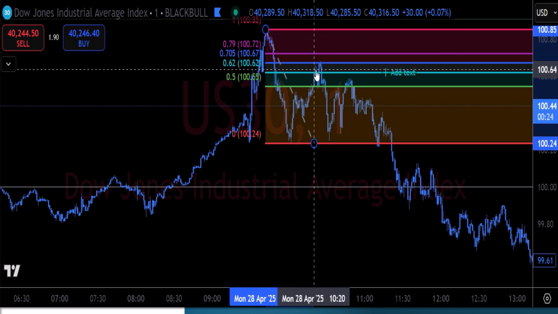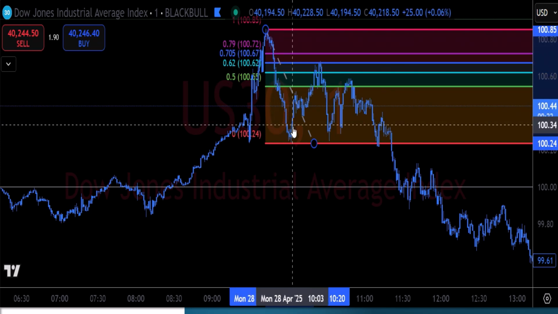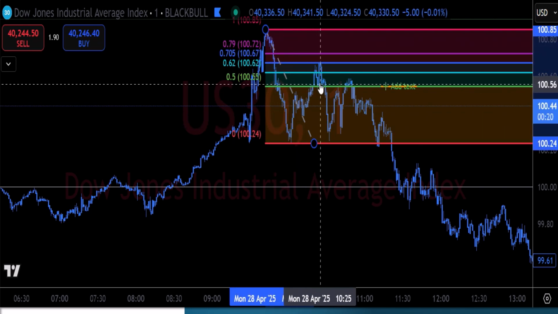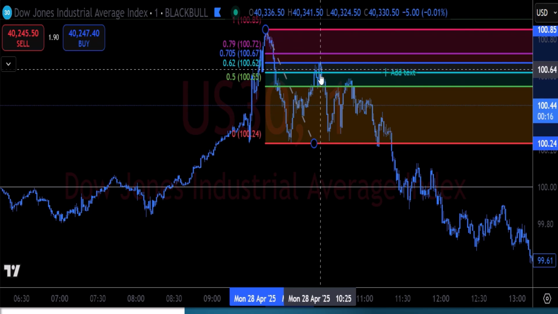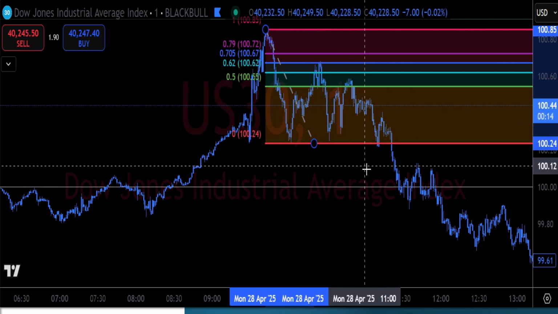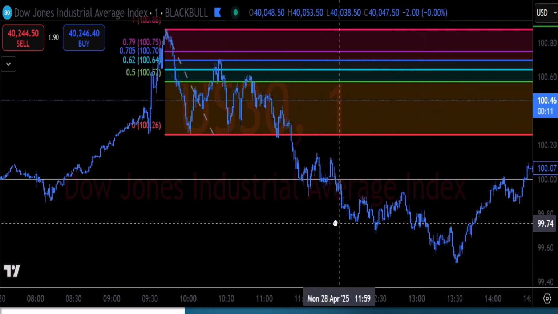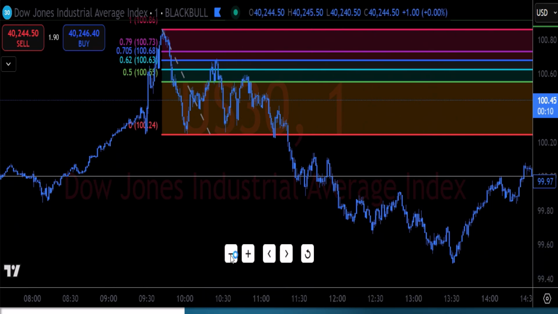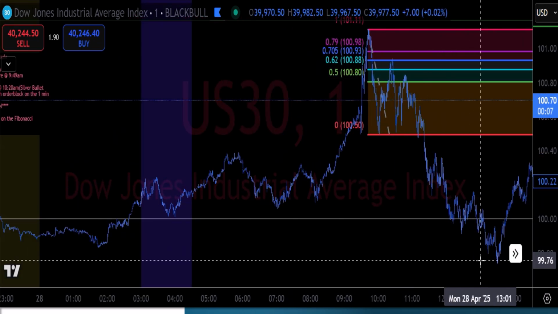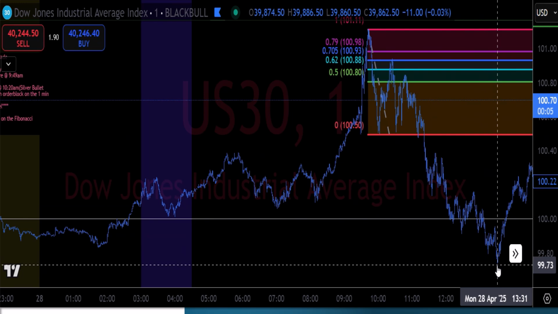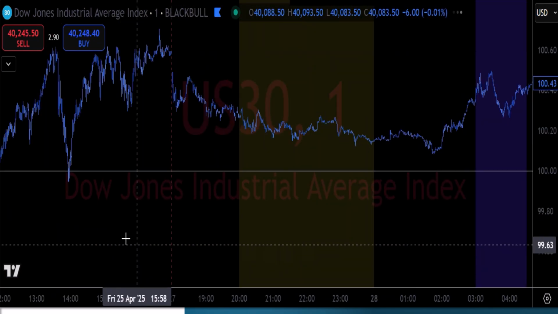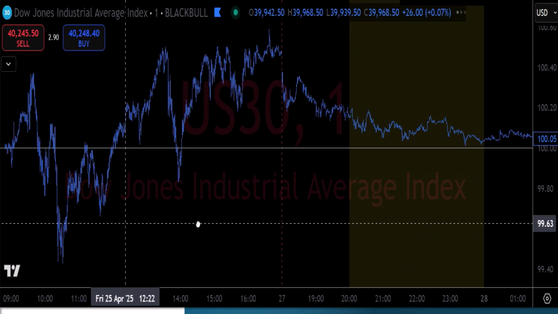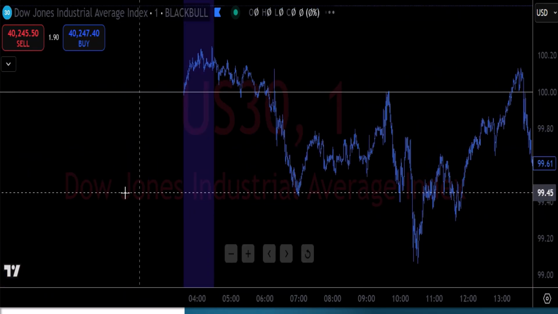But anyway, I did notice after this drop down, we had a 62% retracement level on the fib, and from there it fell out of bed. From there it went down. And this is also where it traded into last Friday's midnight opening range.